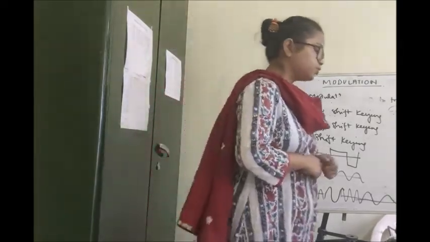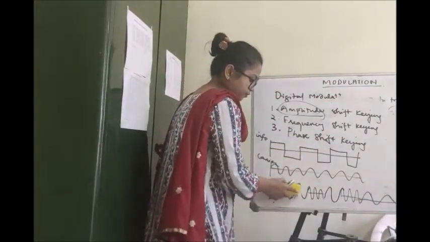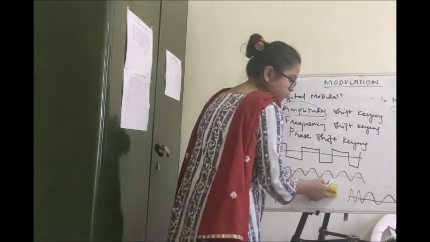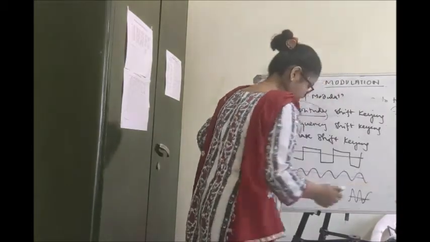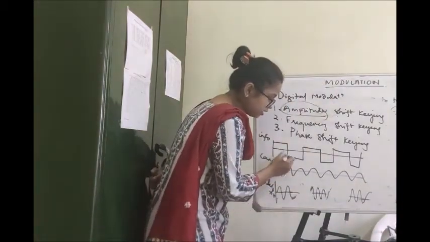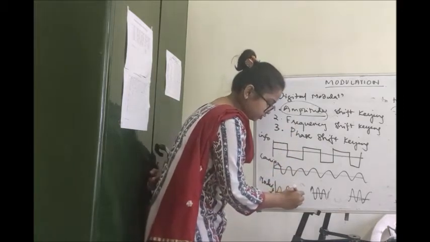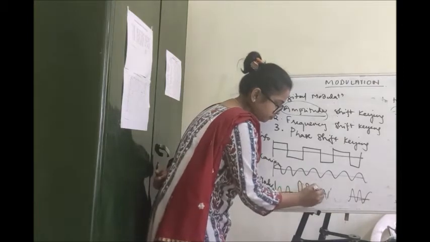Now based on phase we can also do it. Whenever there is a change in phase we have to act accordingly. So based on phase what happens? It just changes. Suppose here there is a change in phase, that is there is a drop in amplitude. Then the frequency remains the same.